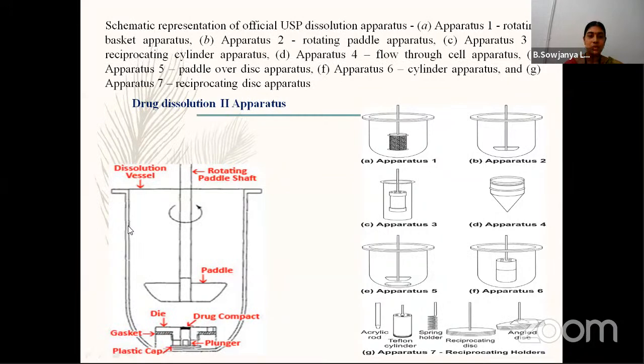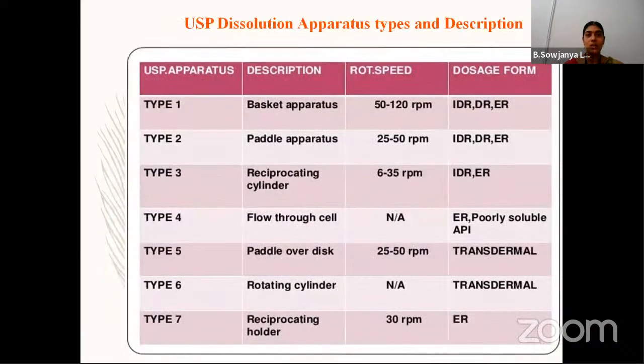Okay, so the dissolution vessel, rotating paddle, the type, according to USP, dissolution apparatus types and description are used, the rotating speed and the dosage form. The type 1 basket apparatus generally has an operating condition of 50 to 120 RPM, revolutions per minute, required in the case of immediate or delayed release tablets, immediate dosage form of tablets, and extended release tablets.